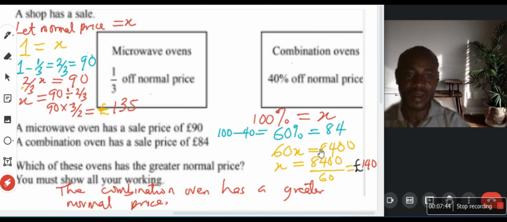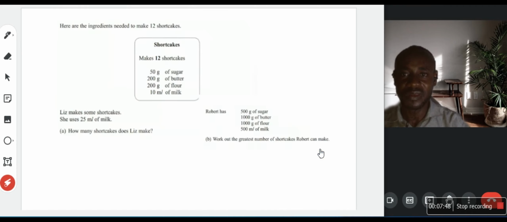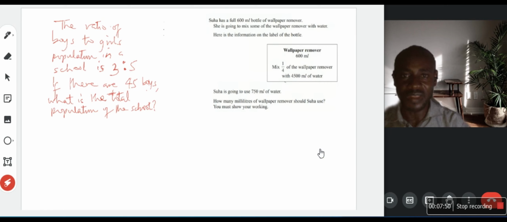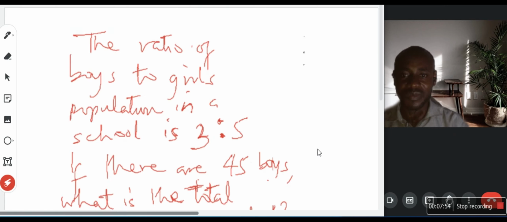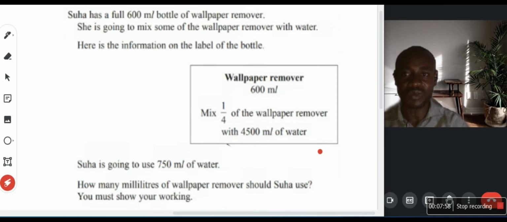Okay, now we can look at yet another one. Let's look at this question here before we look at ratio. This one says Susa has a 600 milliliter bottle of wallpaper remover. She's going to mix some of the wallpaper remover with water.